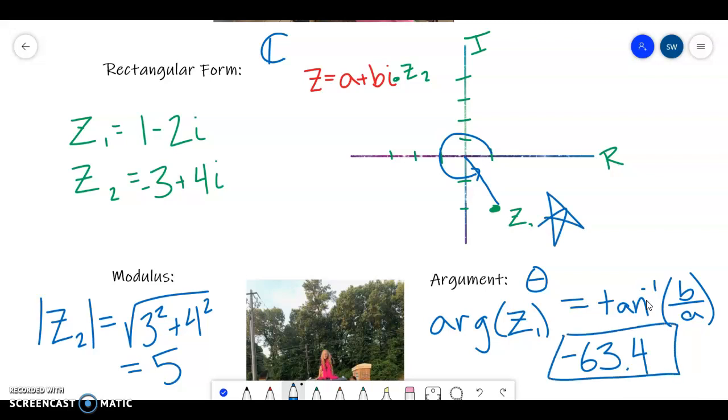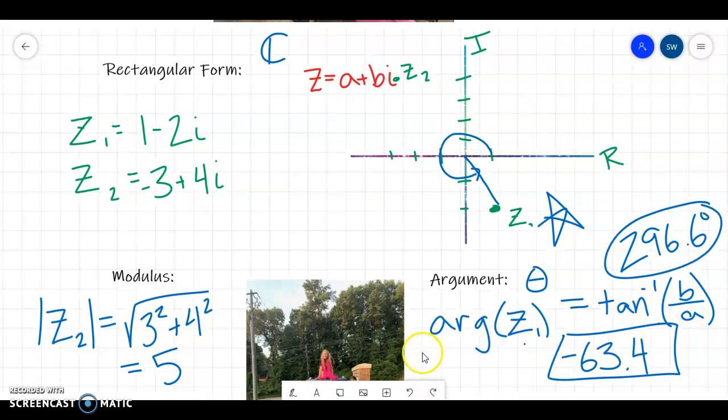If we wanted to write that as a positive angle, we would just add 360 to that, so 296.6. And that's the argument. It's just the angle. But you've been doing that with me for 2 years now, so I think you got it.